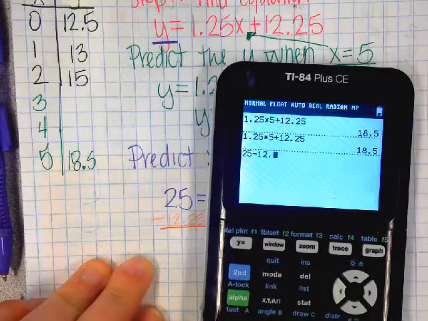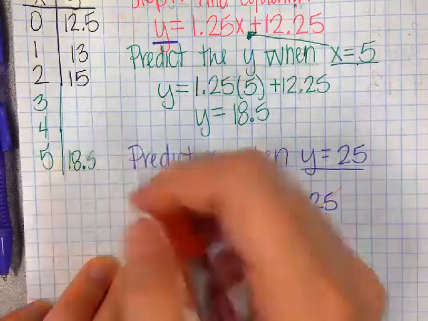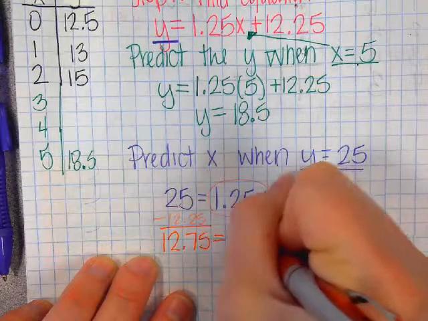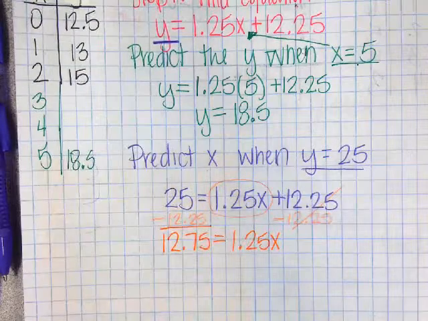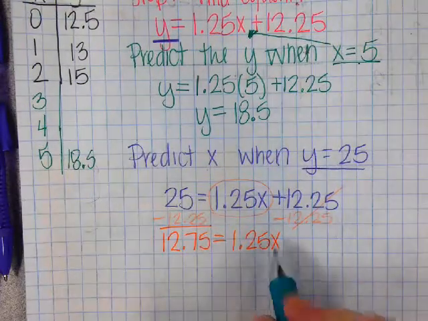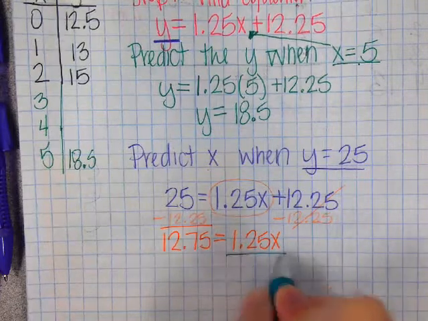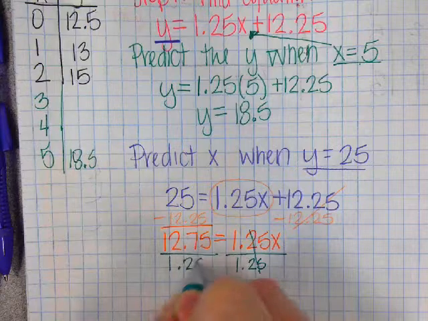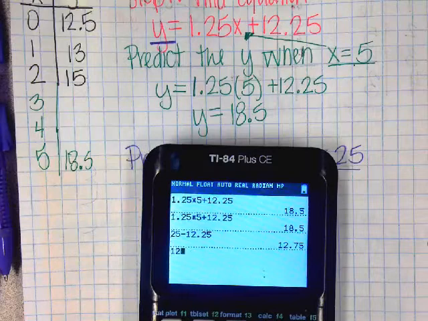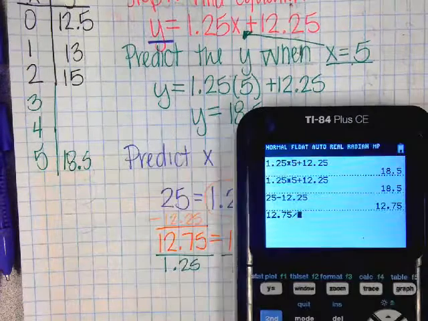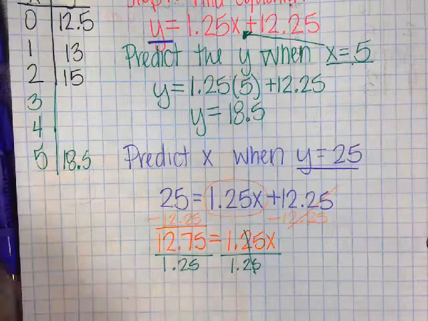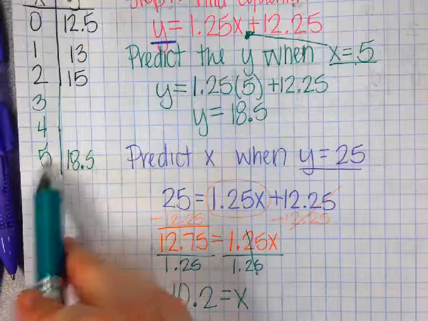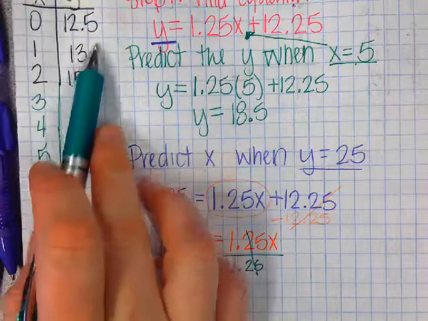So 25 minus 12.25 is 12.75, which equals 1.25x. It's 1.25 times x, so the opposite of multiplying by 1.25 is to divide by 1.25 on both sides. So it would be 12.75 divided by 1.25, so 10.2 equals x.